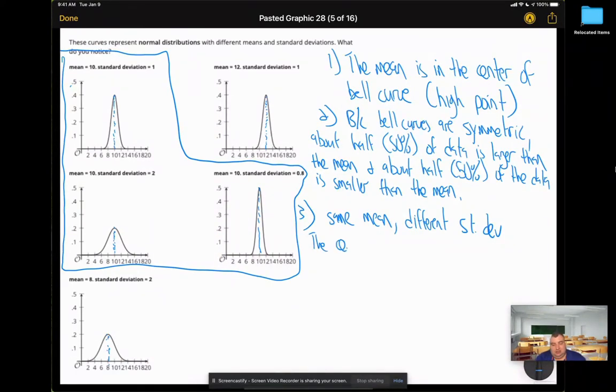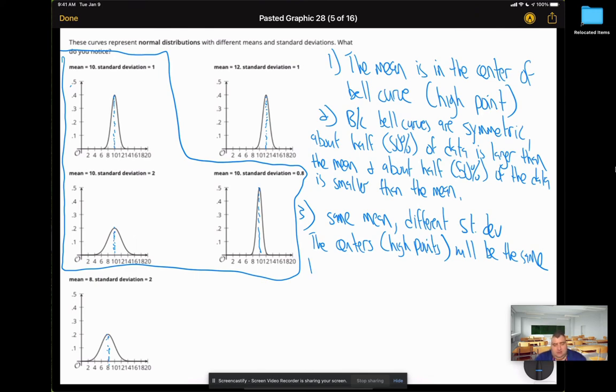So the centers or high points will be the same. In the case that I have here, the high points are all at 10.